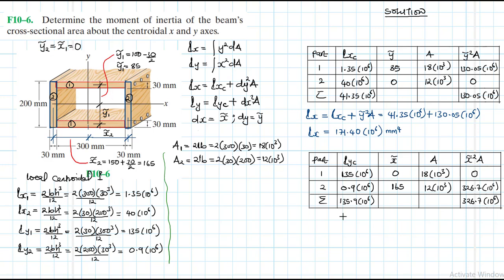Then finally, we have moment of inertia about the y-axis, which is equal to centroidal moment of inertia about the y-axis plus x curled squared area, which is equal to 135.9 times 10 to the power 6 plus 326.7 times 10 to the power 6.